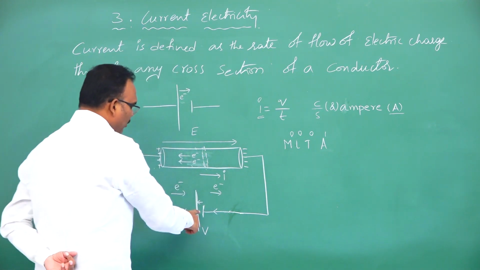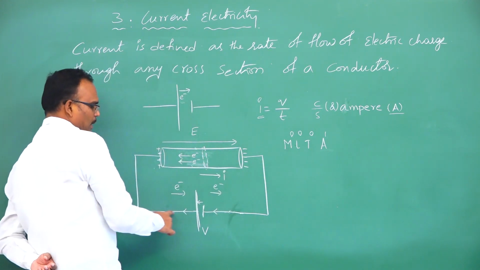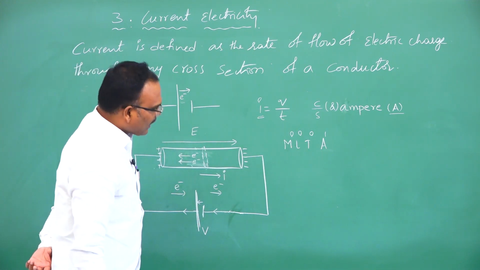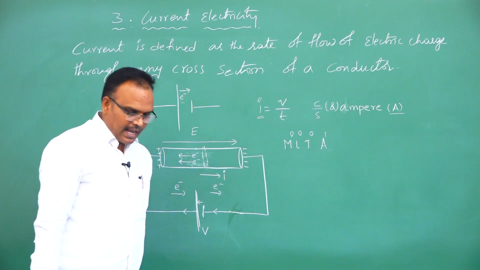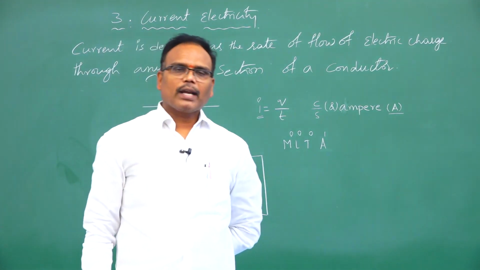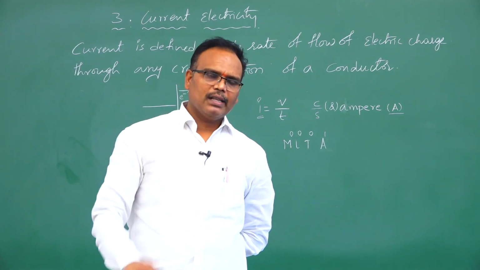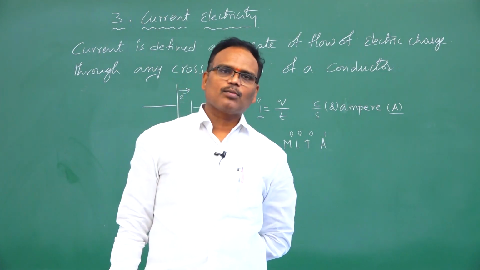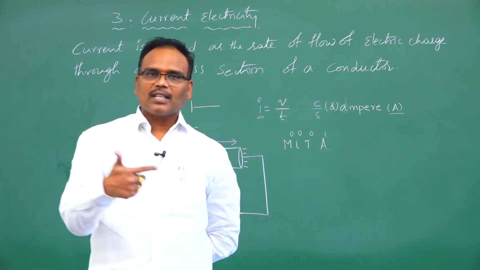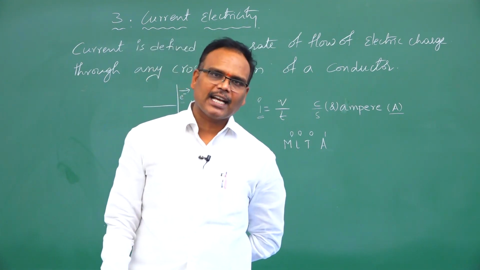See, here current has direction actually, from higher potential terminal to lower potential terminal. But even though it has direction, it is a scalar quantity. Vector usually means a physical quantity which has both magnitude and direction. But in this case we have to use the extended definition of vector.